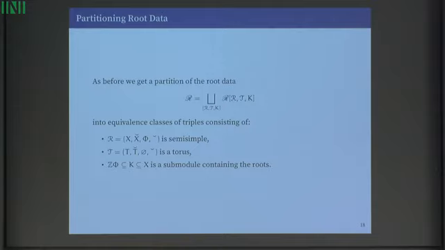So that moves all these x's around inside in the semi-simple case. And so let's say you fix an x, and now you're taking another invariant, which is the k's. So inside the group of graph automorphisms, you take the ones that fix x, and then that'll act on all these k submodules. Okay, so you're just adding this extra ingredient. And you want to stick as close as you can to the semi-simple side because that's where all the structure is. There's not a lot of structure in a torus.